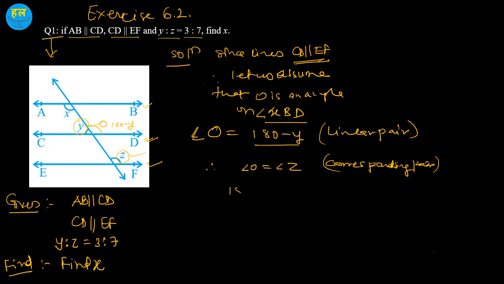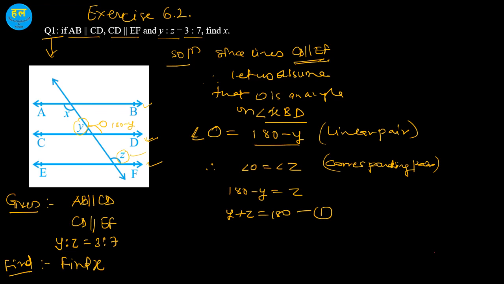Therefore, 180 minus Y will be equal to Z, or Y plus Z is equal to 180 degree. This becomes our equation number 1.